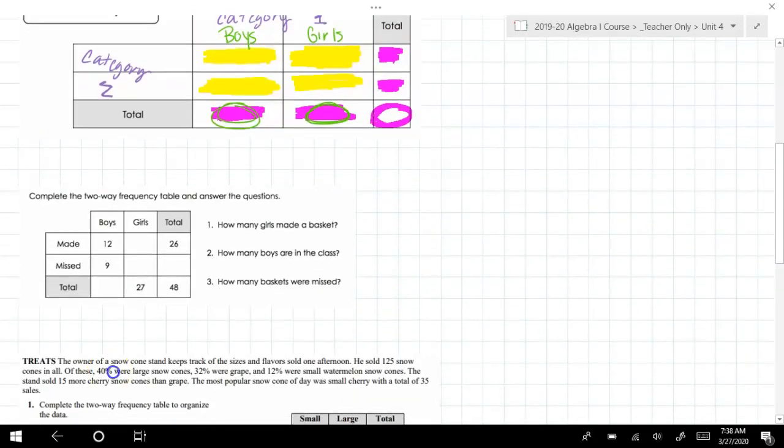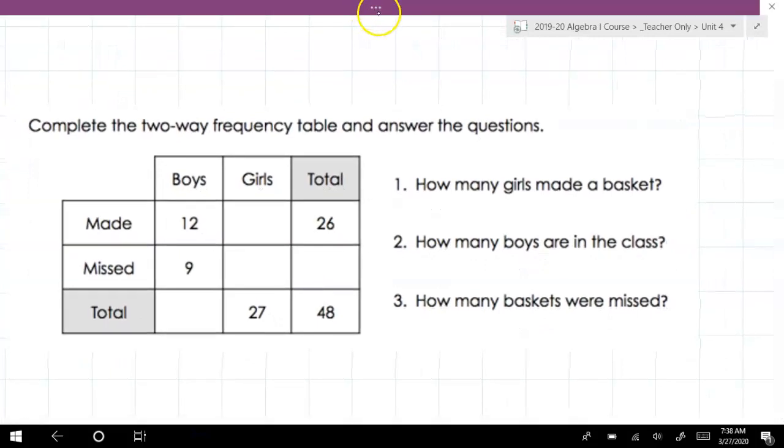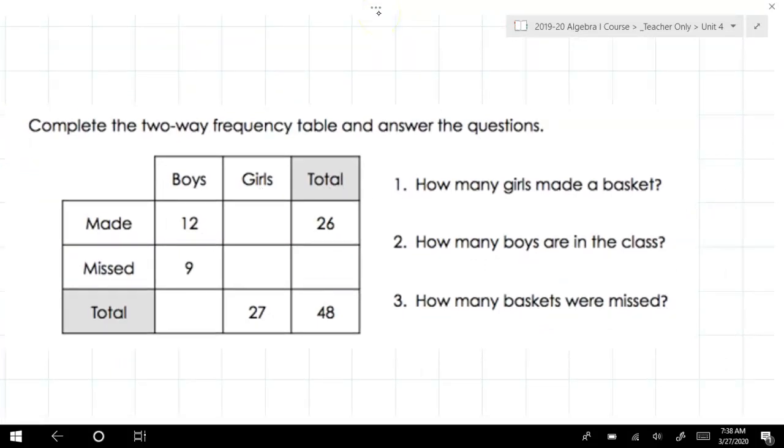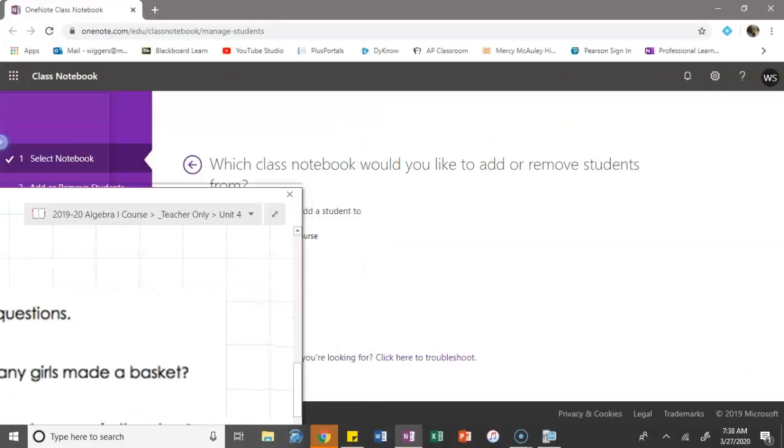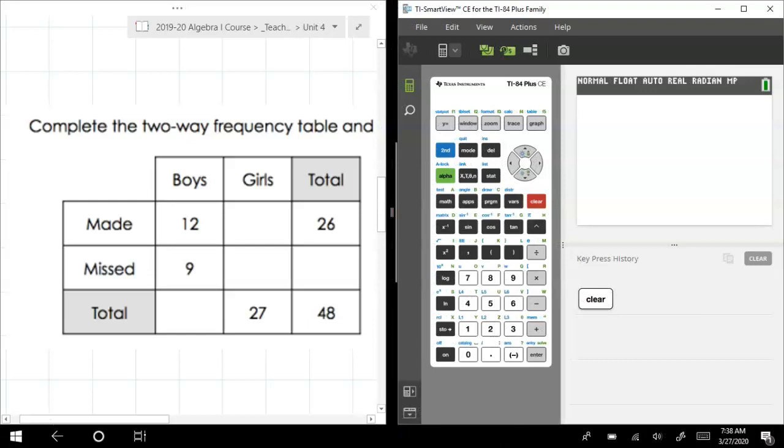Okay, so let's complete this two-way frequency table. Okay, in general, if I have 2 out of 3 pieces here, then I can find the third.